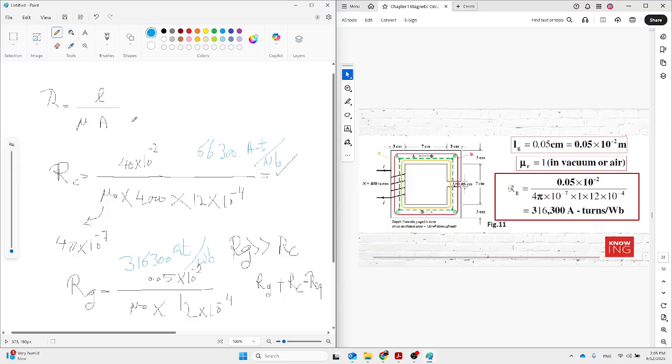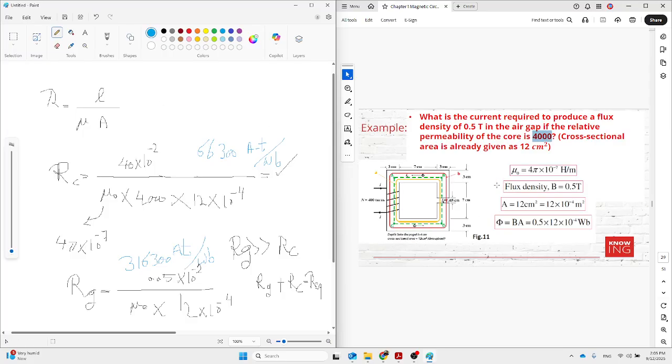The next step is calculating, I think this asks you to find out the MMF. So MMF here is R equal times phi. We know phi, which is this value given here. R equal is also very clear, 66,300 plus 316,300.